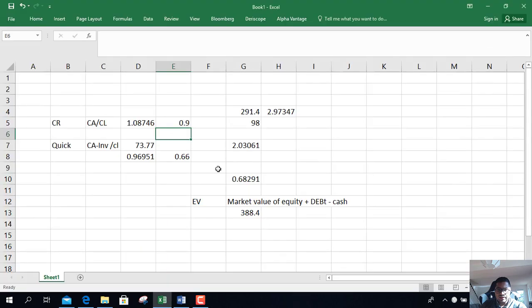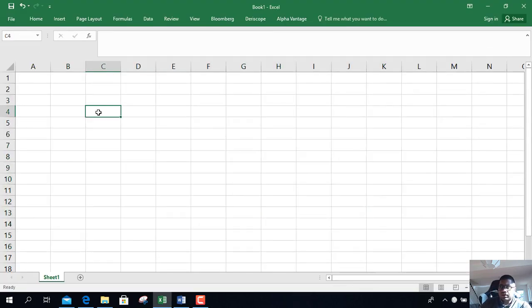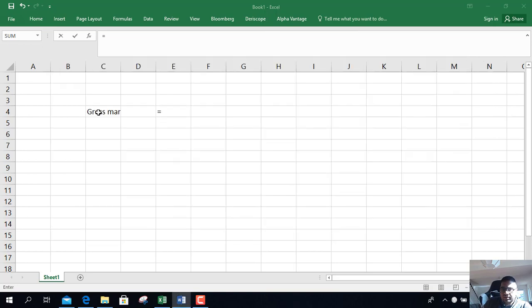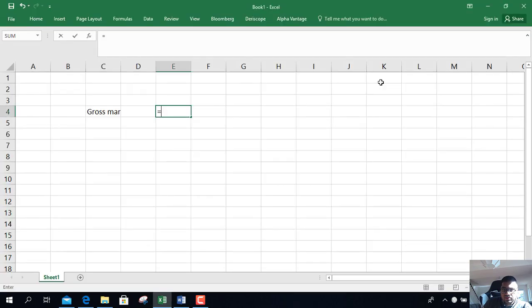So let's see. I'll just clear this one. How do you calculate gross margin? Gross margin is gross profit divided by sales. Let's do Walmart first. Walmart has a gross profit of 120.57 divided by sales of 485.65.